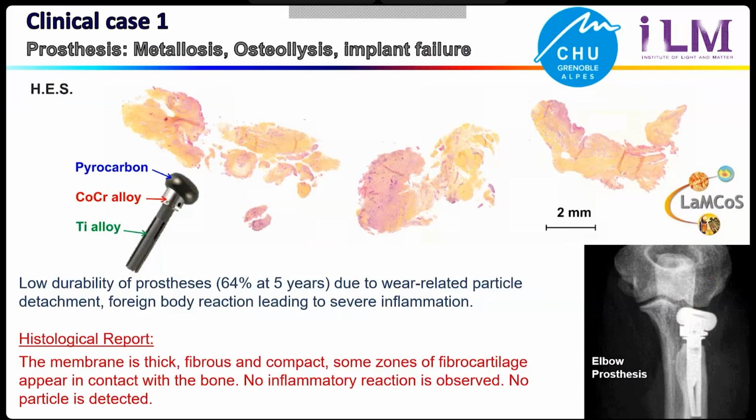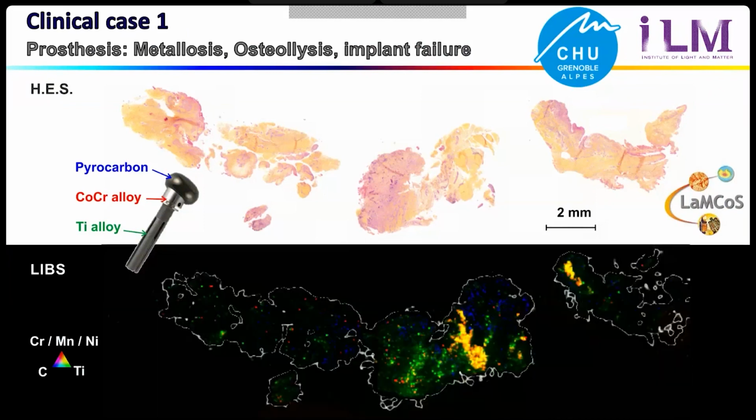They made some SEM measurements with no results at all. And so we made LIBS. Of course, it's not a fantastic image, but we were able to observe signal coming from all the components of the prosthesis. So the titanium alloy, cobalt chromium alloy, even the pyrocarbon here.